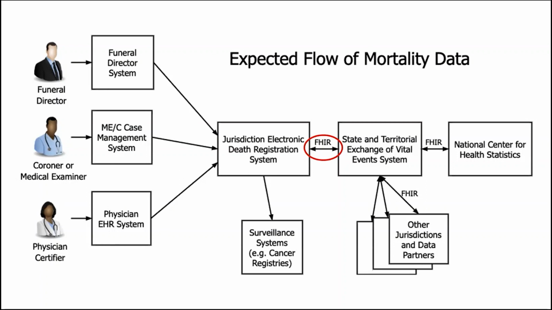And then the intent is to share that information from the jurisdiction to Steve. And of course, information will be returned from Steve back to the jurisdiction. And you can see that in this diagram, Steve then further communicates that information with NCHS. So that's that expected primary flow of mortality data using the Steve system.